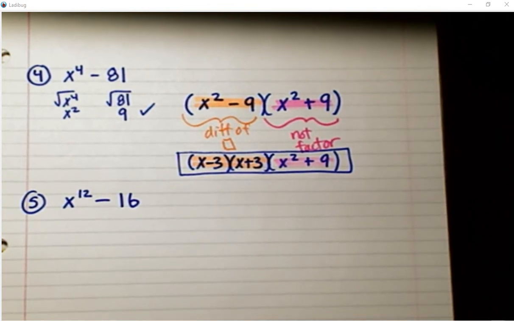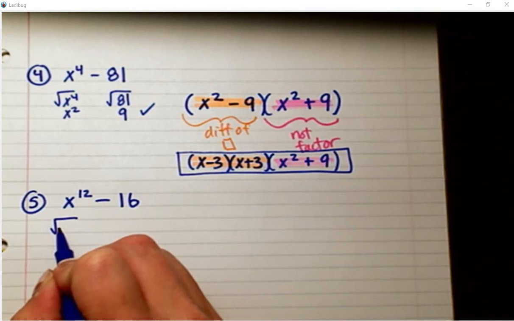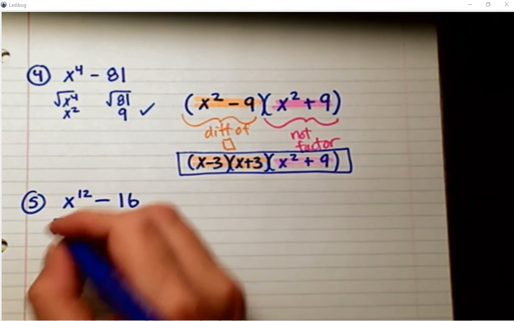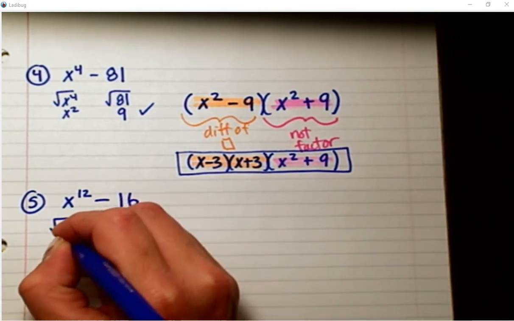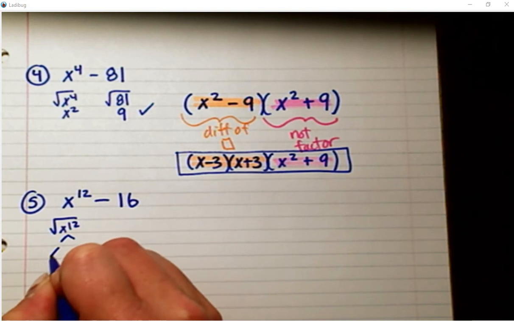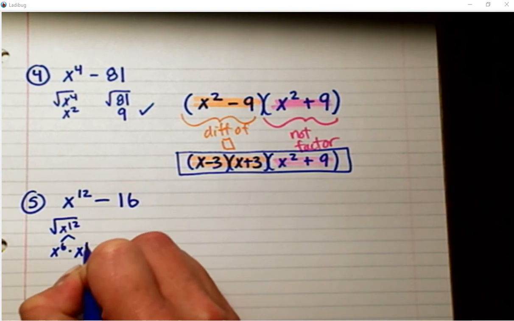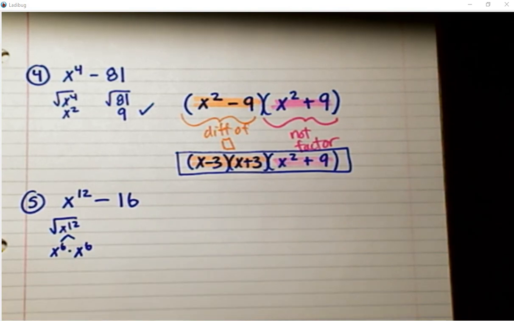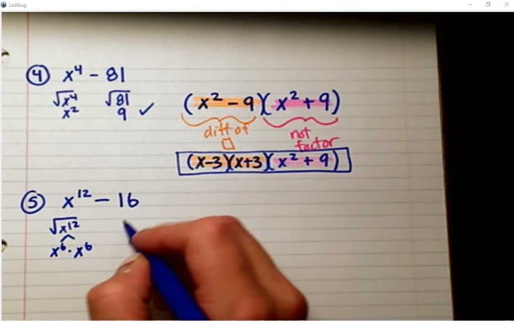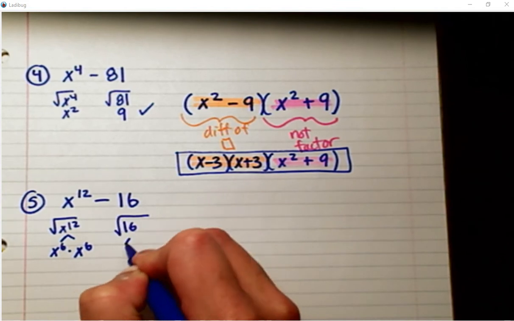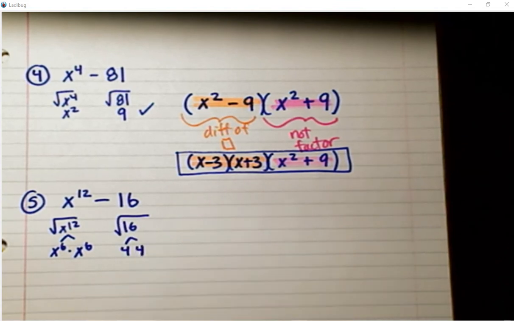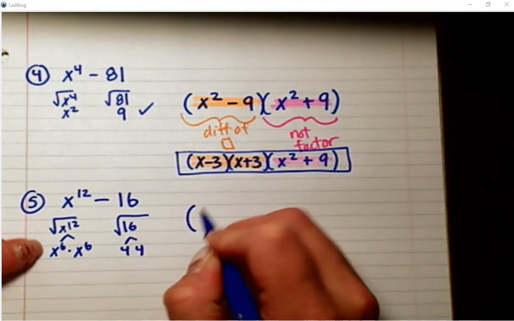All right. Now, to start, you're like, is that a perfect square? I don't know, maybe. Okay, so that's x to the 6th times x to the 6th. So it is a perfect square. 16 is 4 times 4. So that is a perfect square. All right, so first round.